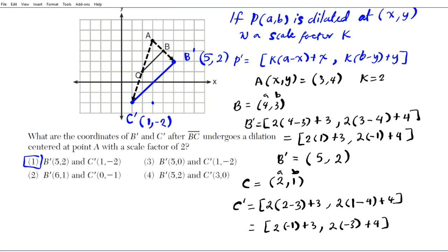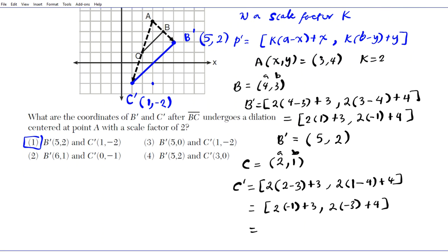Okay, now simplifying further, we have negative 2 plus 3, comma negative 6 plus 4. Final answer is going to be 1, comma negative 2 for C prime. And we see that these two results we got with our arithmetic approach match what we have here when we did it graphically. So we have confirmation that the answer to question 13 is option number 1.